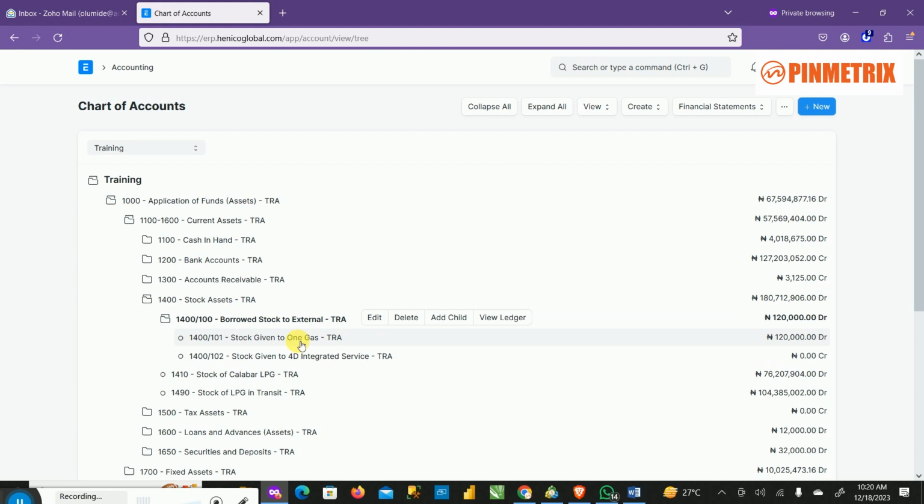Even though your external parties are returning this product back to you, please take note of the word return. When they are returning it back to you, it means that this will actually be credited. The value here would have to be credited against this because it's coming back into your stock. So this will be debited again. So that scenario is closed. You understand?